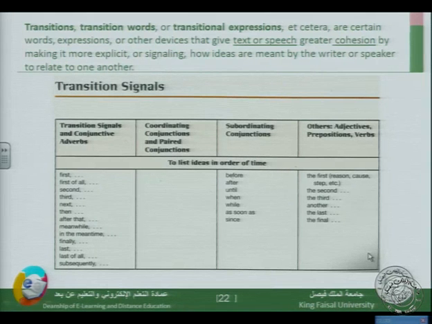And here, as we have seen in this course on different occasions, we have transition words، أو شيء بنسميه transition signals، أو transition expressions, etc. These are certain words or expressions or other devices that give text or speech greater cohesion by making it more explicit or signaling how ideas are meant by the writer or speaker to relate to one another. واستخدمناها طبعا في بداياتنا لما تعرفنا على the main parts of the essay, and also we have used them to talk about the logical division, like first of all.